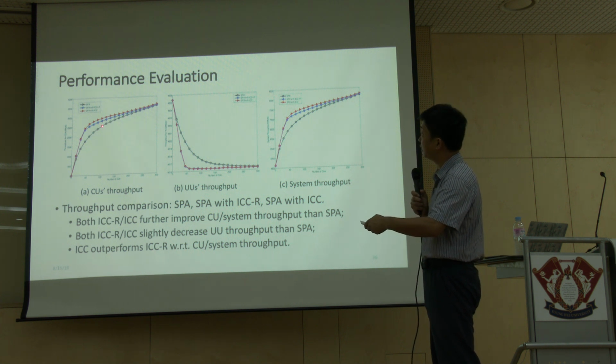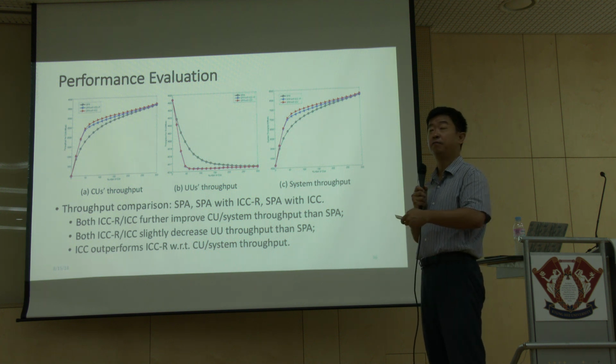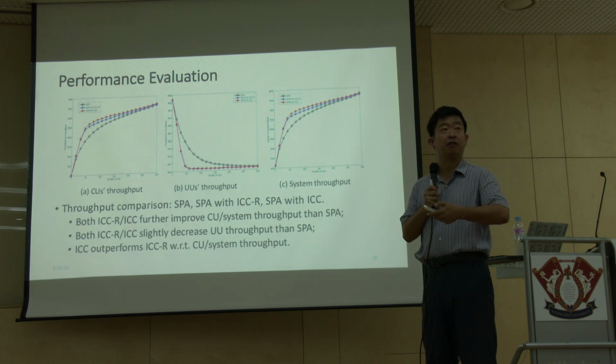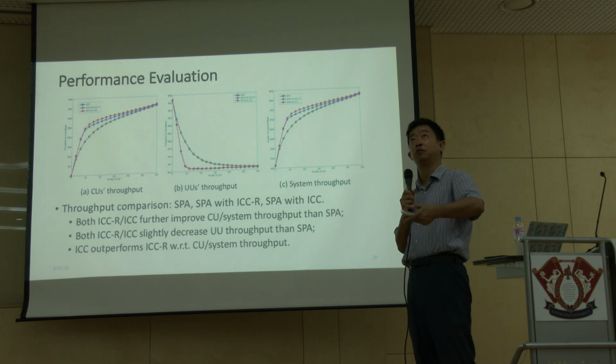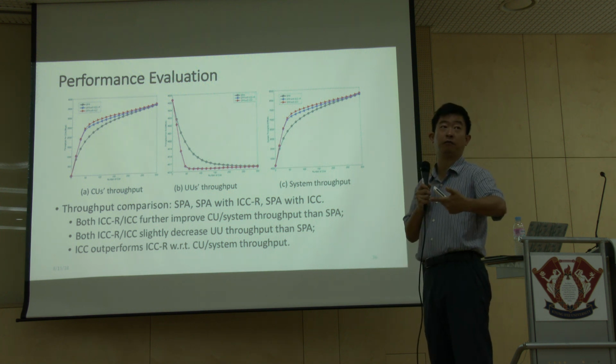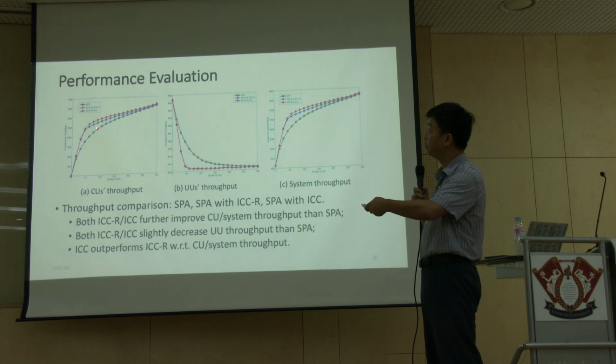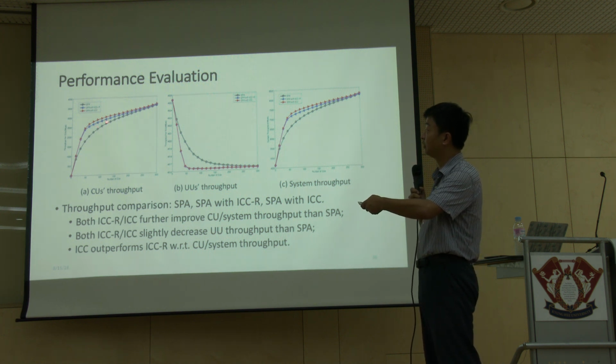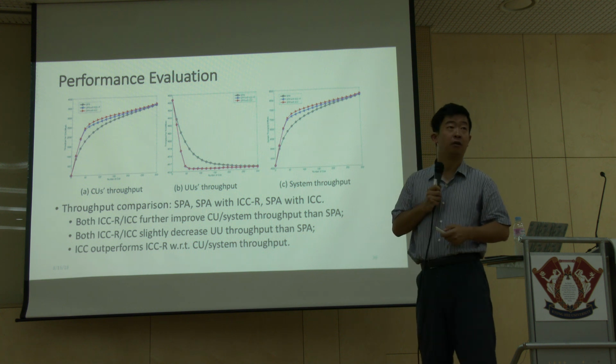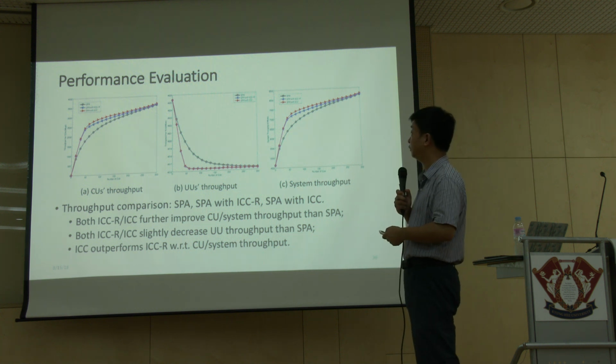This one means I don't swap, I only have one round of matching. Due to the first comer taking advantage, it might not be optimal. So if you swap a little bit, the performance can be improved and near optimal. So basically, this is the performance evaluation.